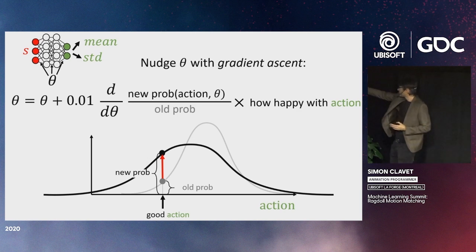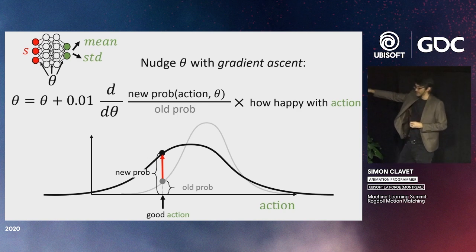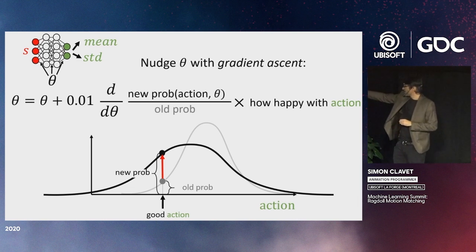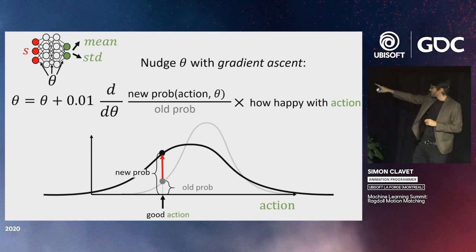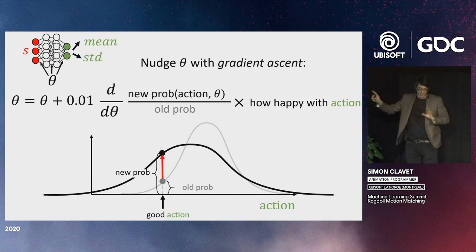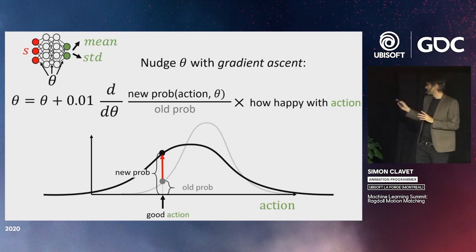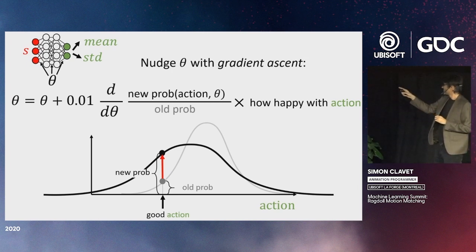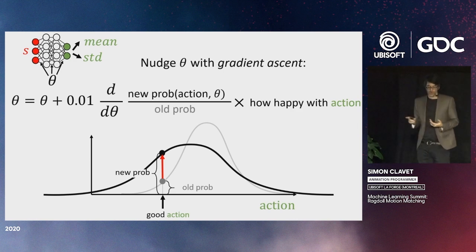So that's the slope with respect to the parameters theta. That's the big equation. We're going to update theta to go in the direction of the slope. That's the big equation I wanted to get to. You see the 0.01, that's a learning rate. We're going to nudge the parameters in this direction. That should make the good actions more probable.